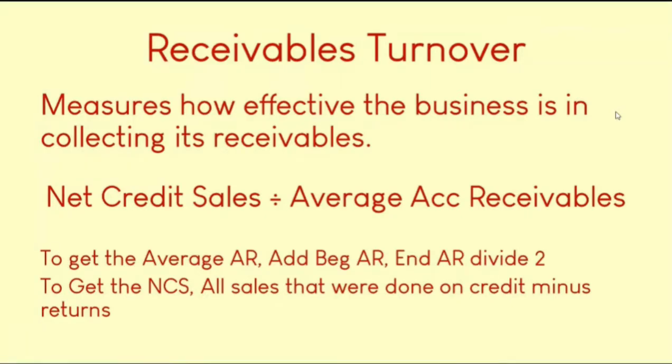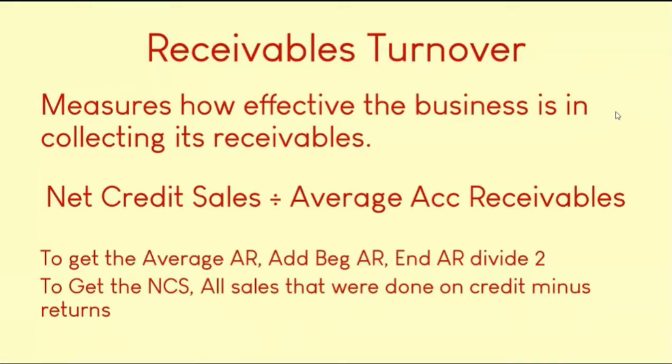If the credit sales returns and allowances and sales discount are not given, then we just use the gross in the formula. So again, to get the net credit sales, we need to deduct the sales returns and allowances and sales discount of the credit sales that we have.